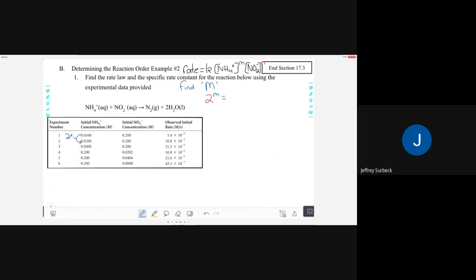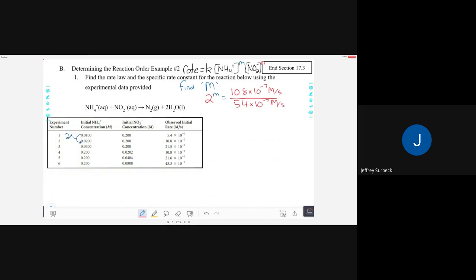our change of rate. Again, because our concentration got bigger in experiment 2, on top we're going to start with this, 10.8 times 10 to the negative 7 M over S, all divided by the initial rate in experiment 1, which is 5.4 times 10 to the negative 7th.